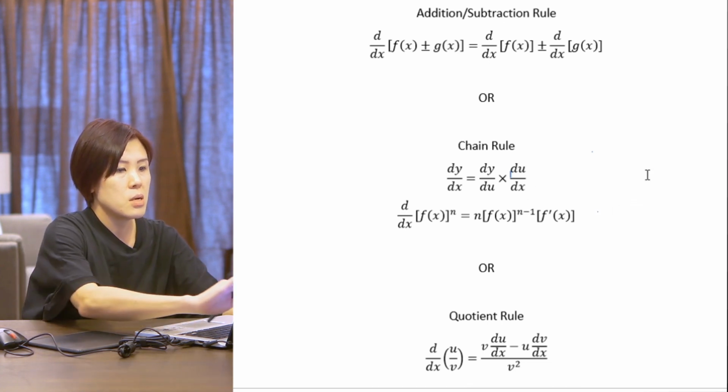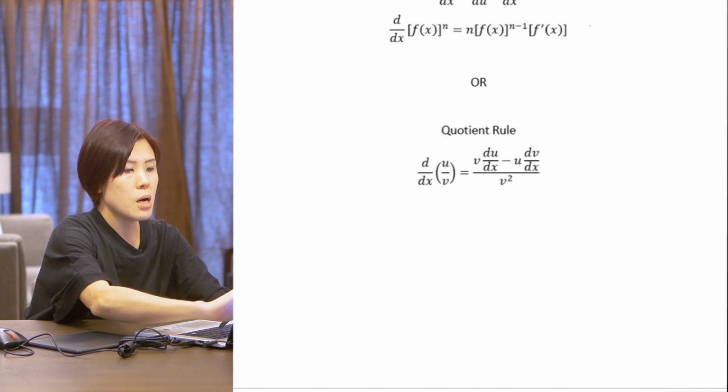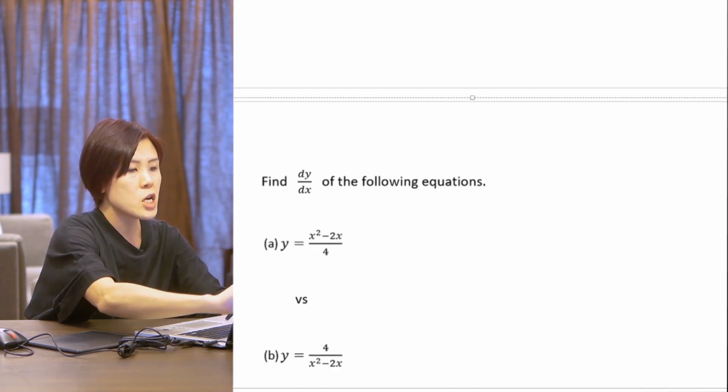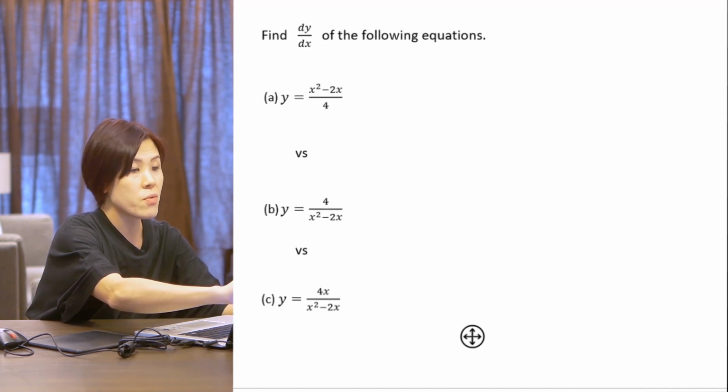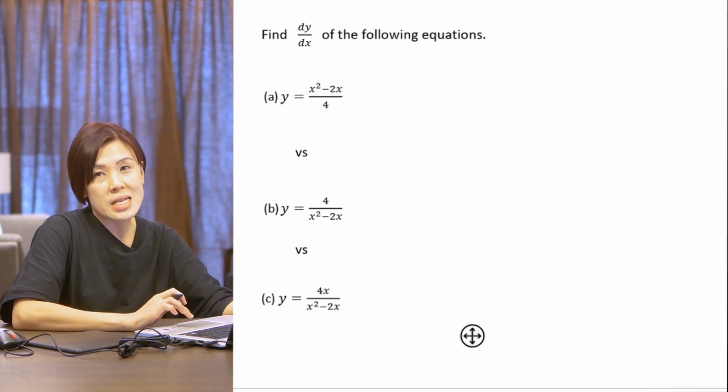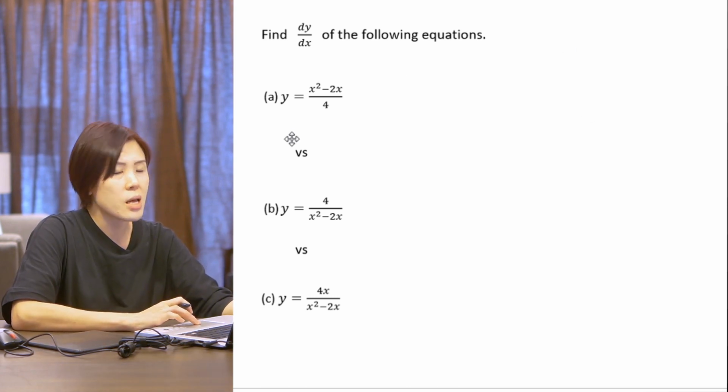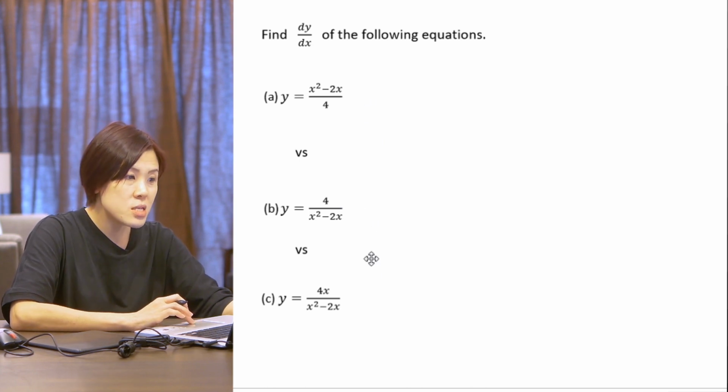Okay, so next, let me show you the equations that I'll be finding derivatives of today. As you can see from these three equations, they look very similar and they all involve algebraic fractions.